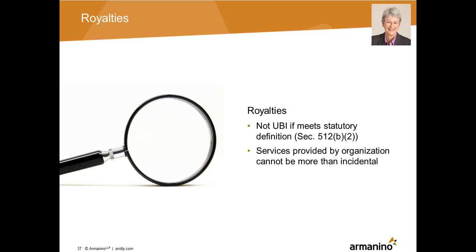If, however, they say to you, I want to use your name on the T-shirt, and I want you to help us design the T-shirts and help us coordinate who's going to get the T-shirts and how they'll be printed, and I want you to have input on a monthly basis, then all of a sudden they have turned this from a royalty into something else. So watch out for providing extensive services in a royalty contract.